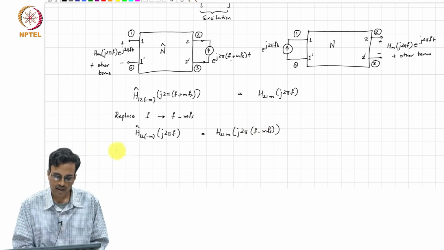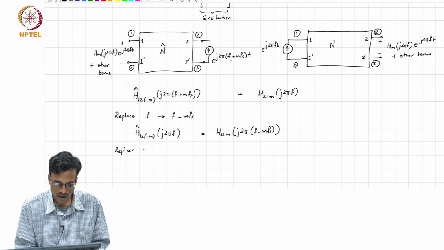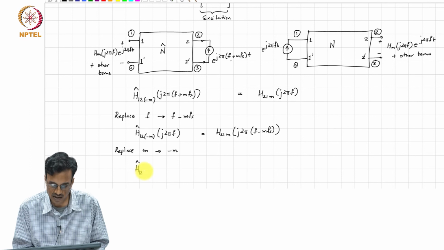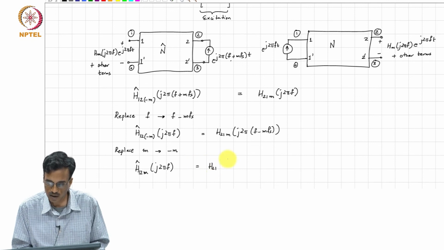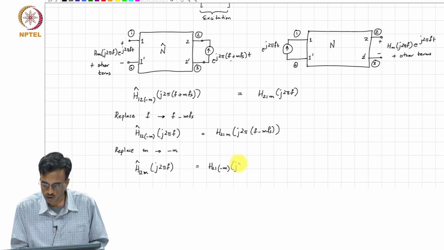And then m is also arbitrary, so I can replace m with minus m, and therefore you will get another form. It is basically interchanging n and n hat: h hat 12 m of j2 pi f equals h21 minus m of j2 pi f plus mfs.